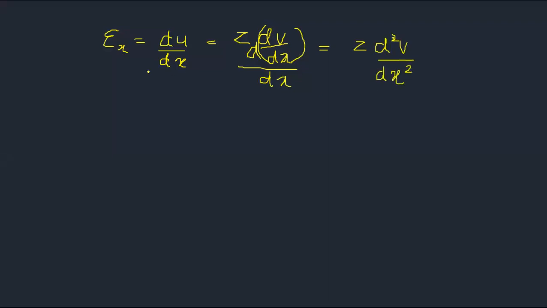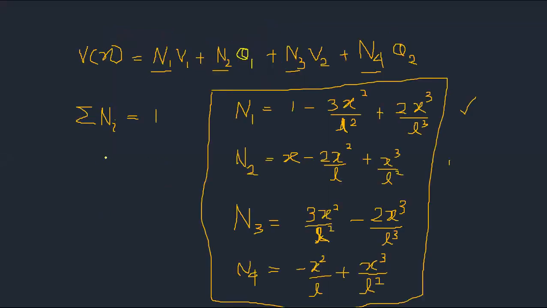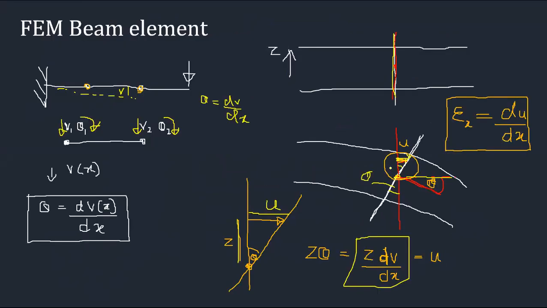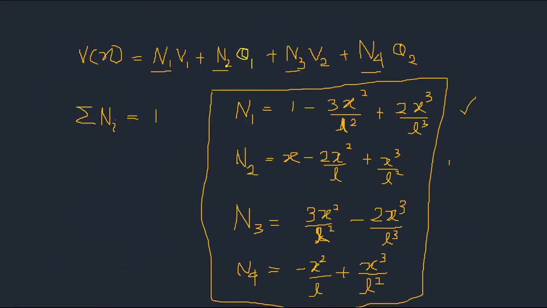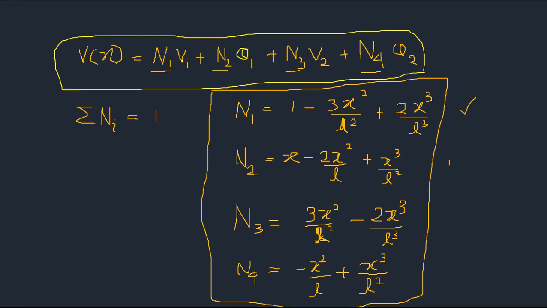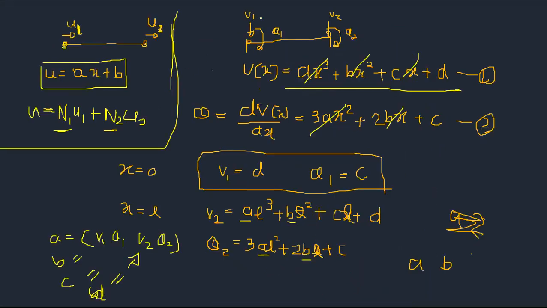Why do we specifically take epsilon x? Because you can see, if you take this u, the longitudinal strain, within this u you have v, right? And within v is comprised all of these displacements. So v is a function of all four displacements.